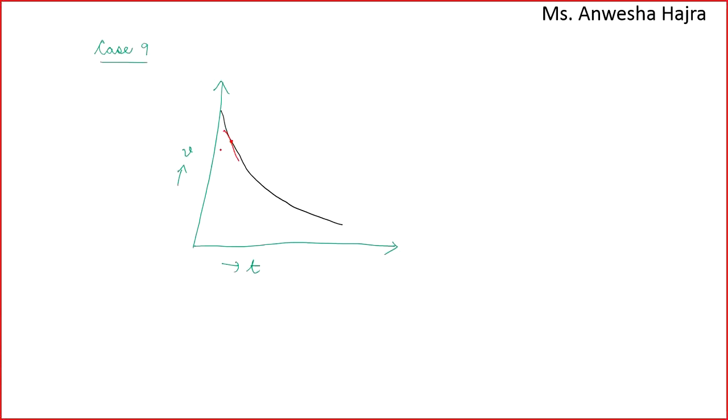At this point, this is my slope. At this point, this is my slope. Slope gives acceleration or retardation. Here again time is increasing, but velocity is decreasing. So it is retardation. Slope is decreasing. Angle is decreasing.